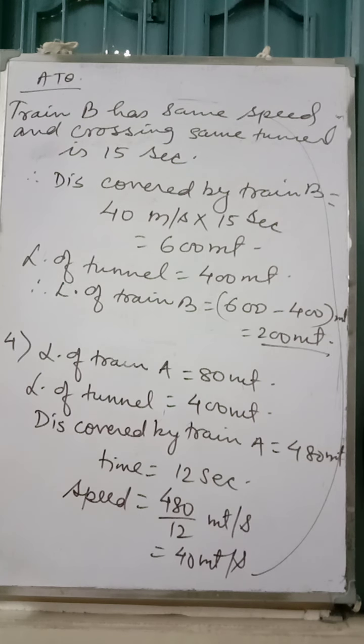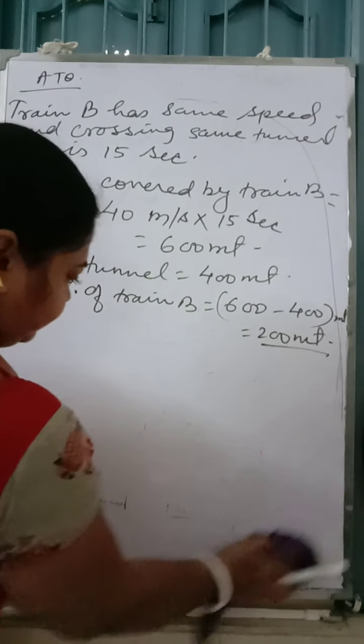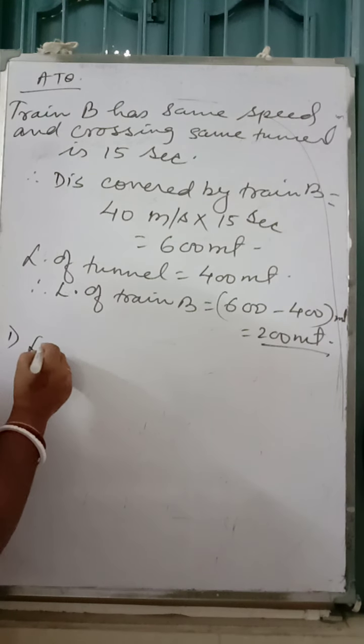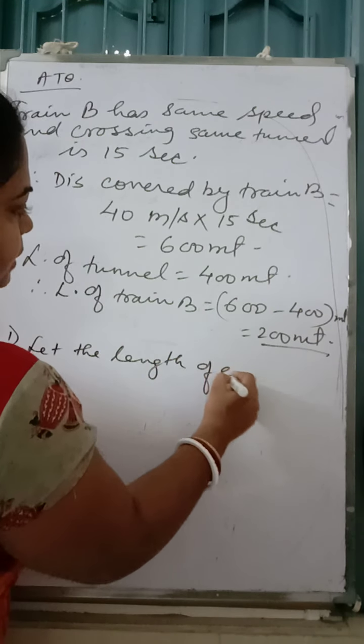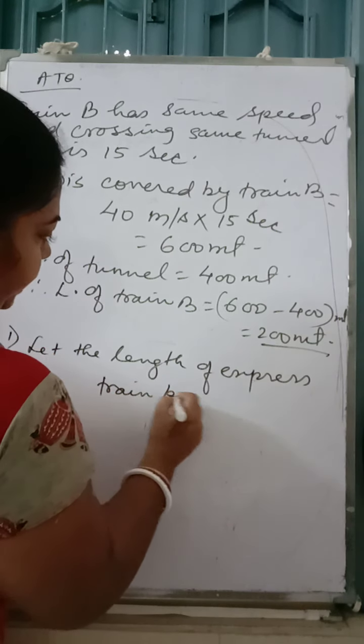An express train travels at a speed of triple the speed of a goods train. The length of goods train is 4 times the length of express train. Calculate the ratio of time taken by them to pass a telegraph pole. Once it is passing a telegraph pole, it means it is covering a distance equal to its length. Let the length of express train be x.